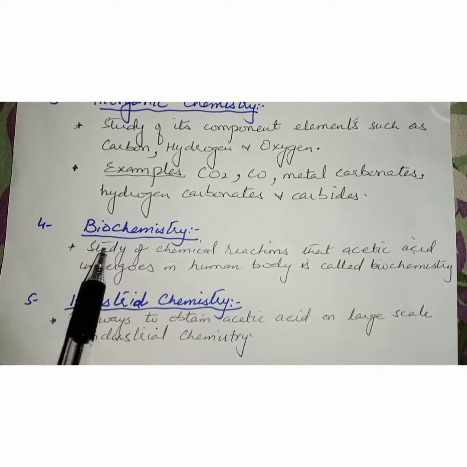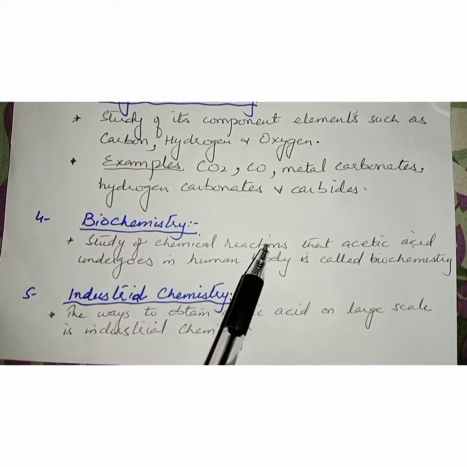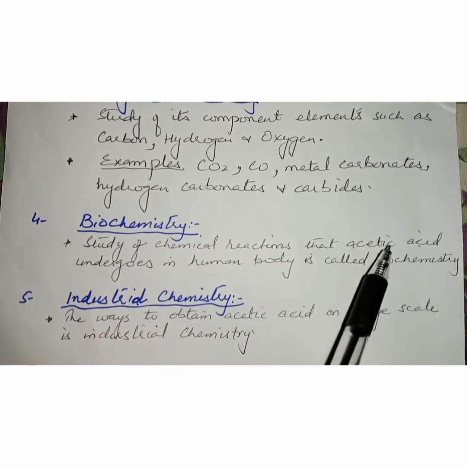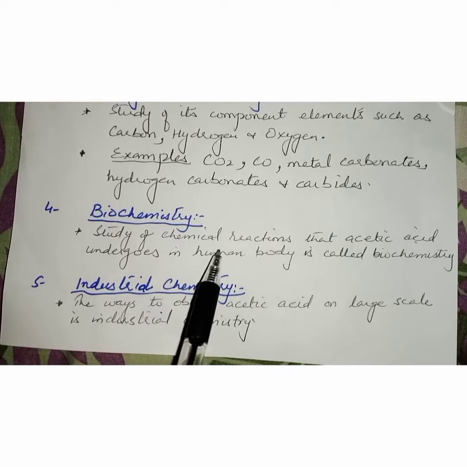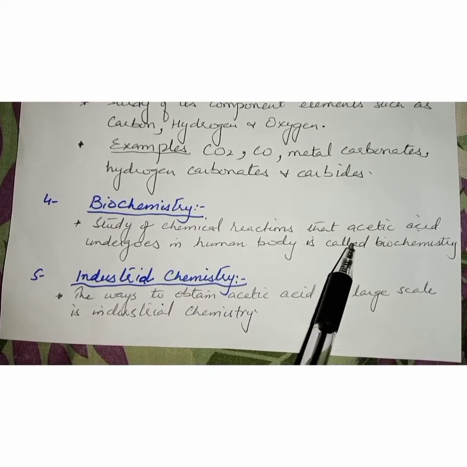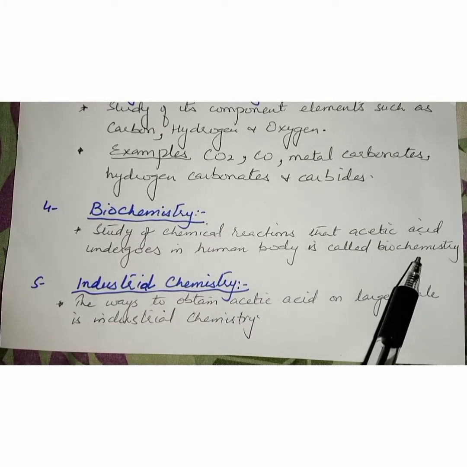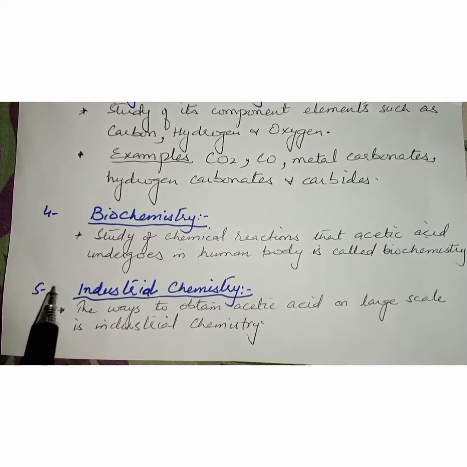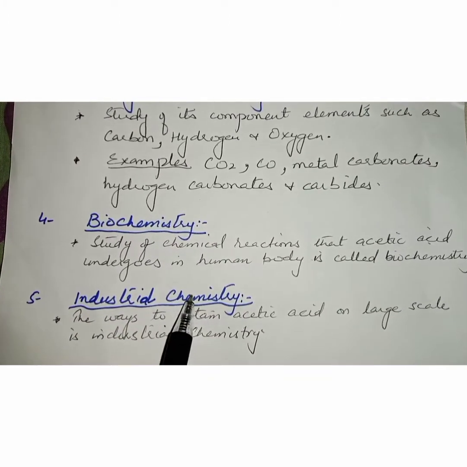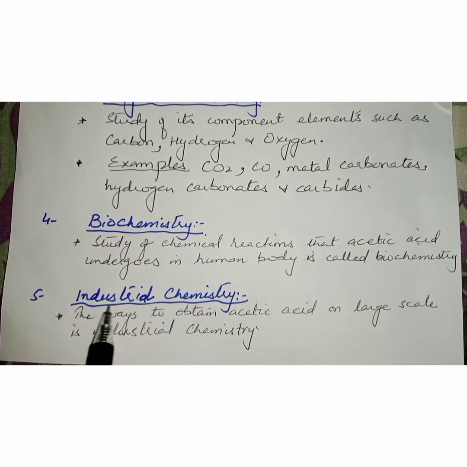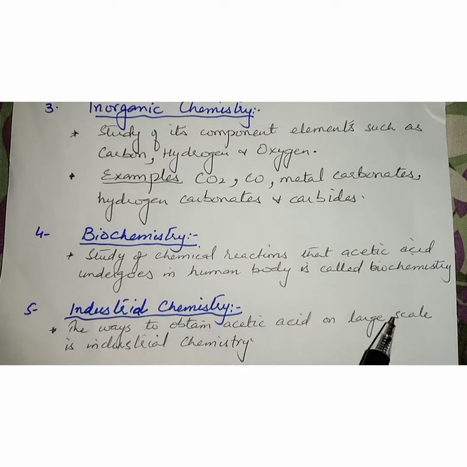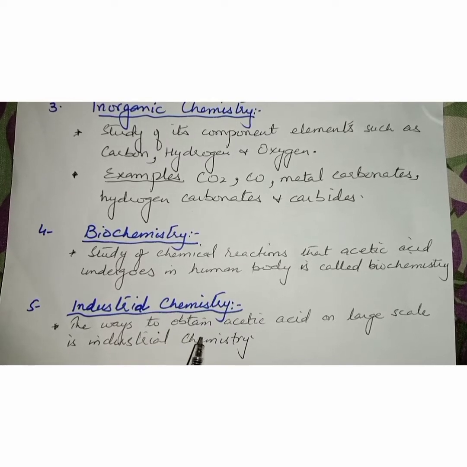The study of chemical reactions that acetic acid undergoes in the human body is called biochemistry. The fifth branch is industrial chemistry. The ways to obtain acetic acid on a large scale is called industrial chemistry.